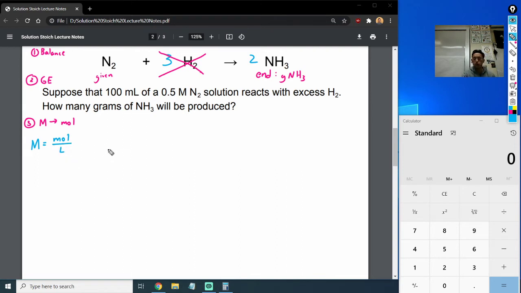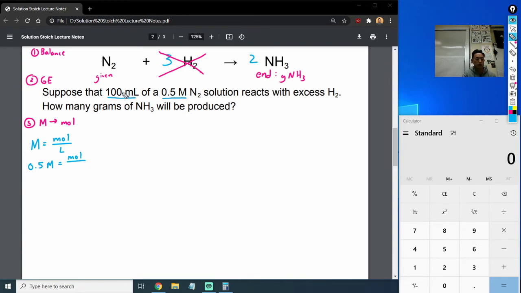So let's use the numbers that we have. We have 100 milliliters and 0.5 molarity. So for the capital M, I'm going to put in 0.5 molarity equals, I'm looking for moles, right? I want to turn it into moles, so I'm going to put moles on top. On the bottom, I need liters.